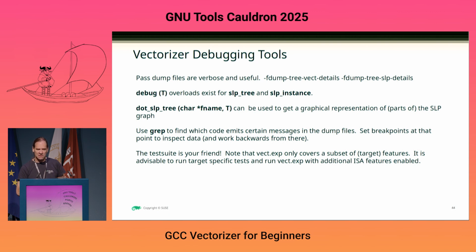I think SVE is quite extensively tested. The RISC-V stuff as well. On x86, there are not many target-specific tests, so you really have to enable AVX or AVX 512 on the vect_exp test suite part.